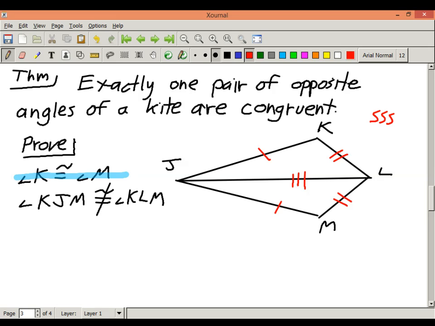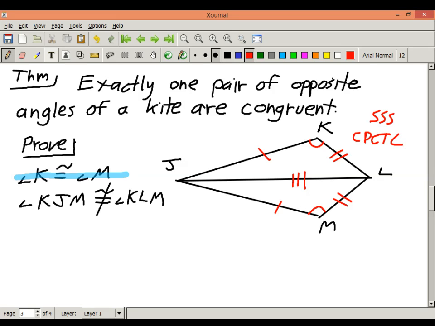Once those two triangles are congruent by SSS, we know all their corresponding parts are congruent. So now we can say that angle K is congruent to angle M by CPCTC: corresponding parts of congruent triangles are congruent. That tells you that that's your one pair of opposite angles in a kite that are congruent. Now, to actually show that it has exactly one pair, we have to show that the other pair of opposite angles are not congruent.